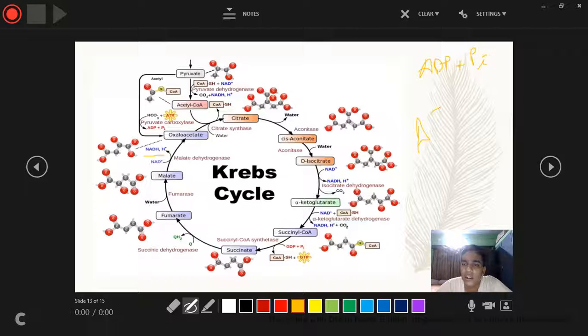These are very important terms you must know at this time. This is the Krebs cycle, a very easy cycle. You can go into detail. I am not going into such detail on terms like isocitrate dehydrogenase and ketoglutarate, etc.